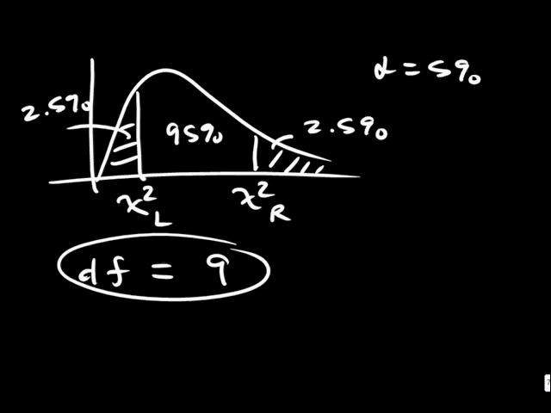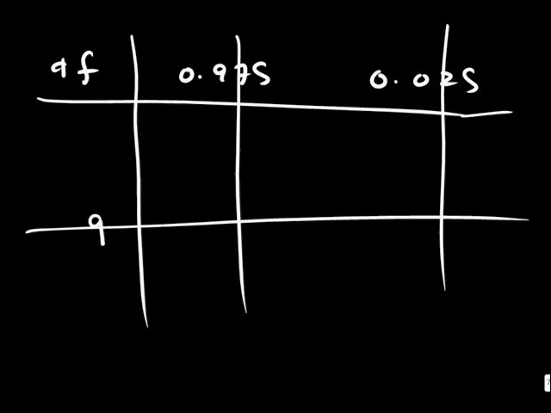To the right of this value is 0.025. So, 9th row, 0.025 column, if we use our table, we find 19.023. This is going to be our chi-square r value.